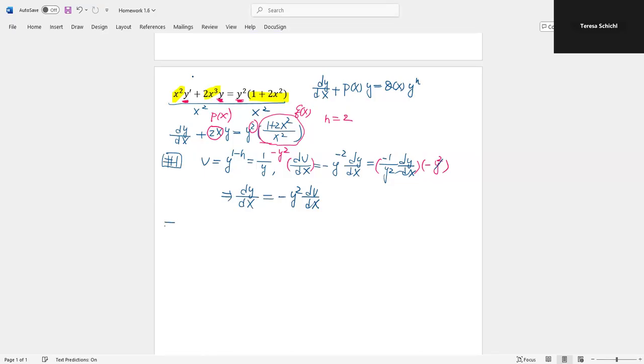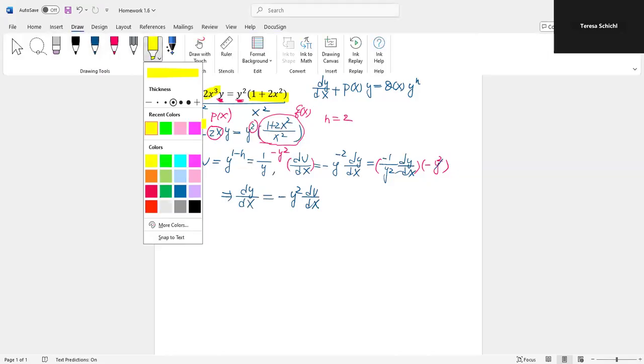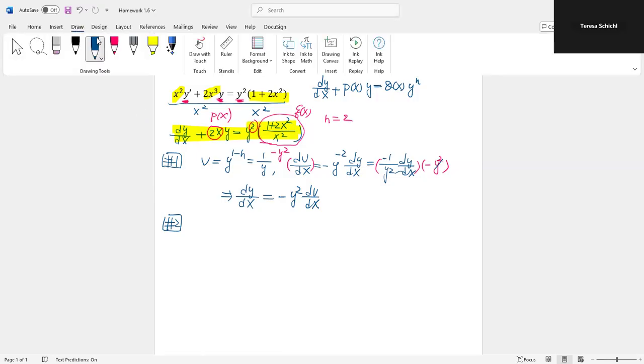Remember, step number 2 is I'm going to replace in my original differential equation. So let me try to highlight that. This was my original differential equation, and I want to replace the dy/dx with what I got here.